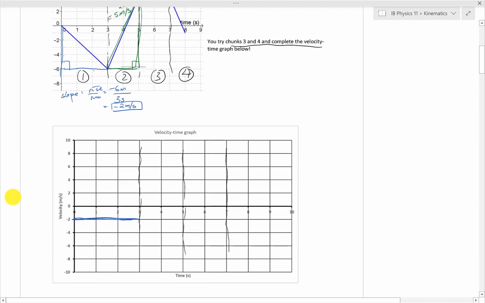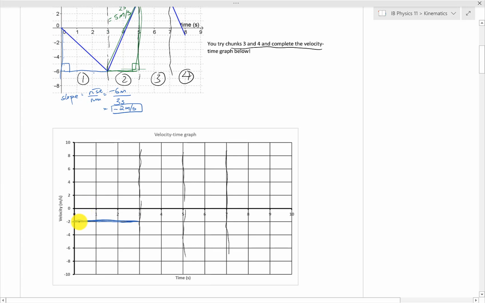Now notice, unlike our position time graph, we have a straight flat line instead of a diagonal because we're talking about the velocity, and the velocity is constant. It's the same throughout the whole time. And now our velocity jumps all the way up to positive 5 meters per second.